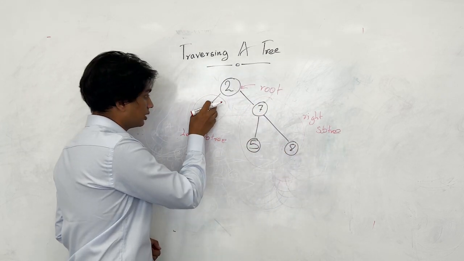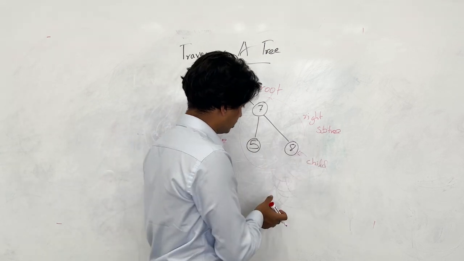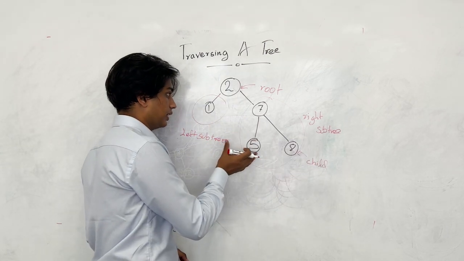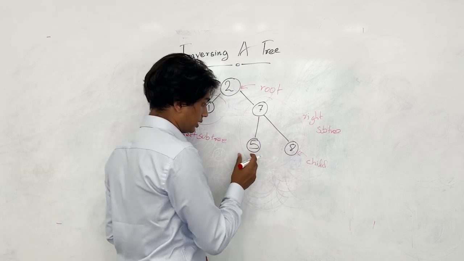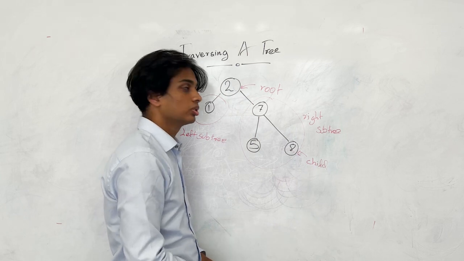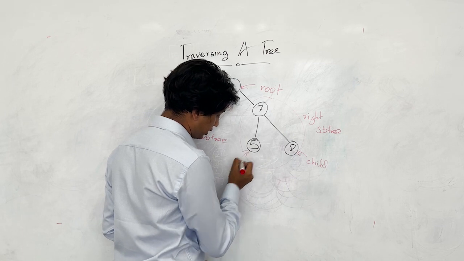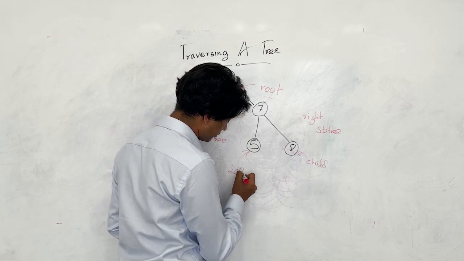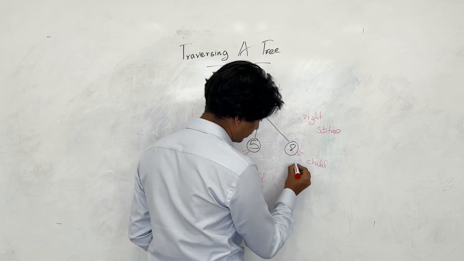And these small elements, we call them a child. So in a binary tree, we can find two types of children. We are going to name them left child, and this will be the right child.